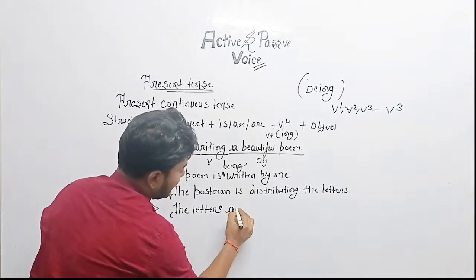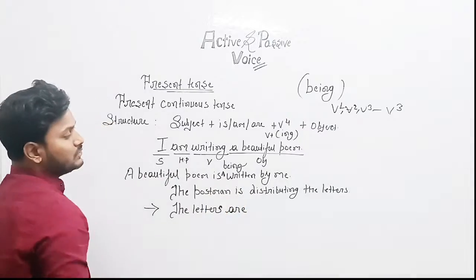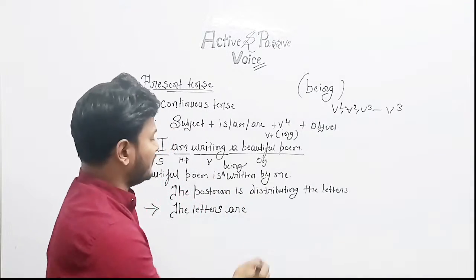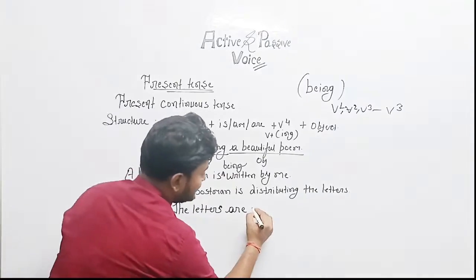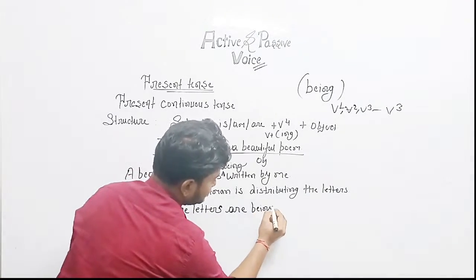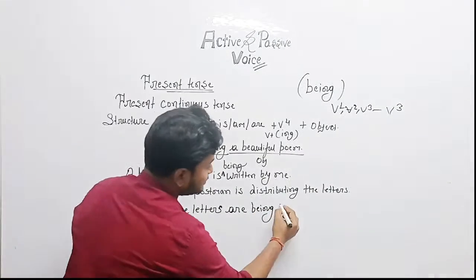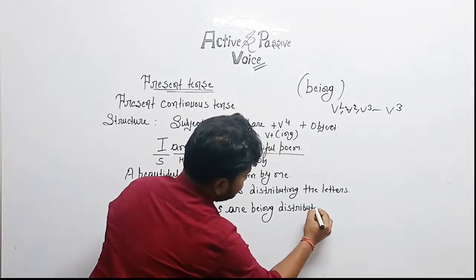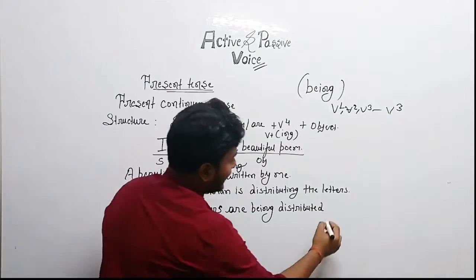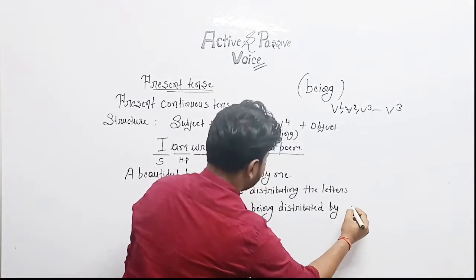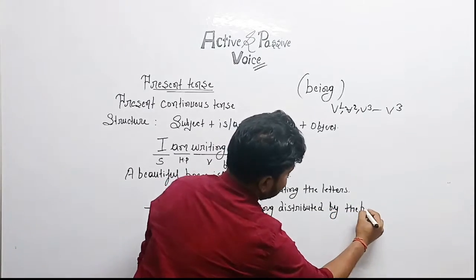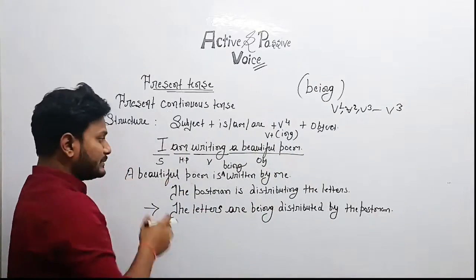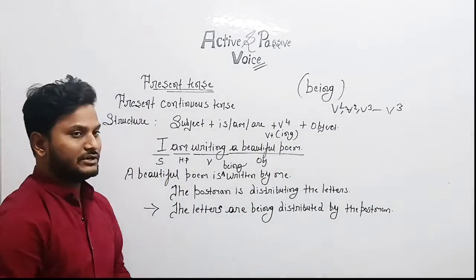The letters are. After that, what I told you? I told you we have to use being after the helping verb. So the letters are being distributed by the postman. So this is the passive structure of the present continuous tense.